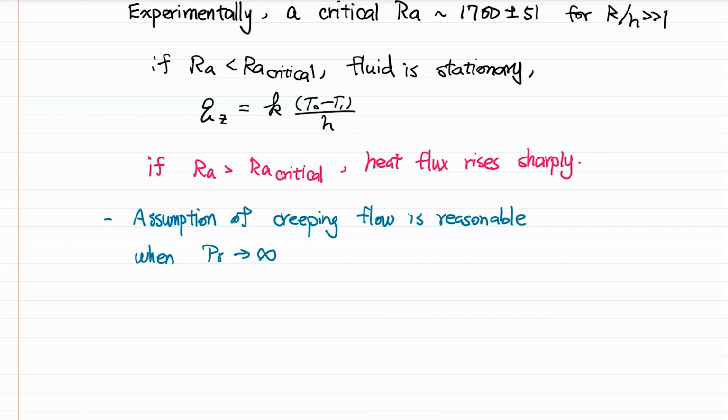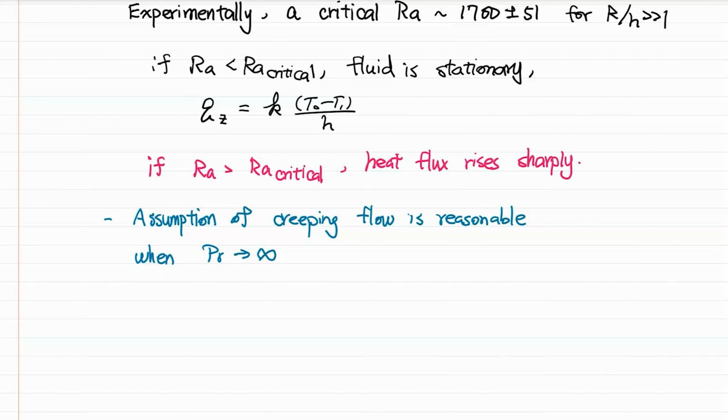So remember that the Prandtl number is defined as the ratio between momentum transport and energy transport by molecular mechanism. So if the Prandtl number is very, very large, that means the momentum transport by viscous or molecular mechanism is much faster or greater than energy transport. Okay?